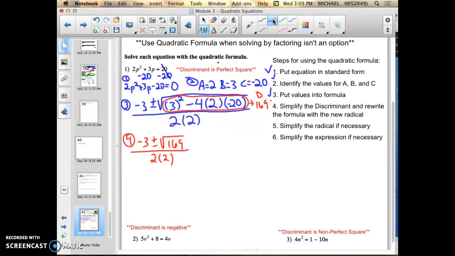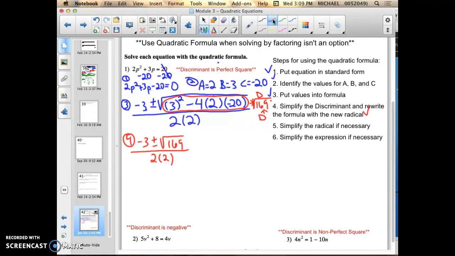Now, at times, and I can put a radical sign over this as well, because technically it's still, the discriminant exists underneath the radical. So let's make note that the discriminant is what's underneath the radical, 169. Now, step 4 is done. I rewrote everything. I found the discriminant and rewrote it.